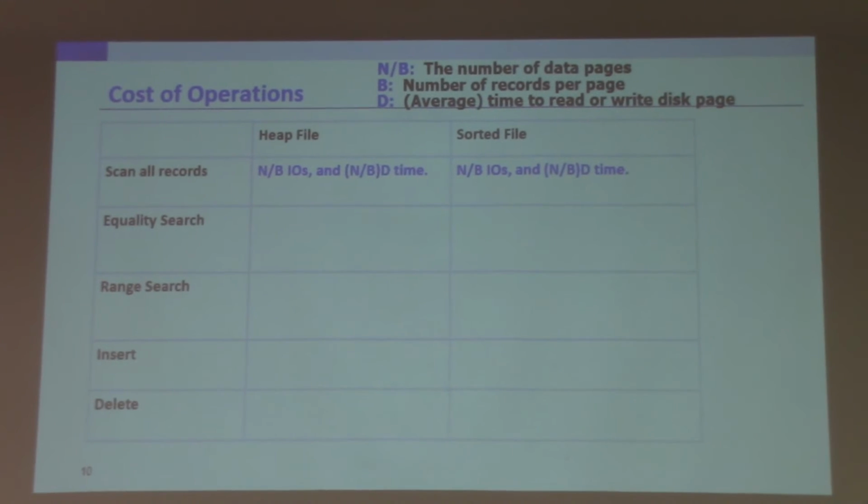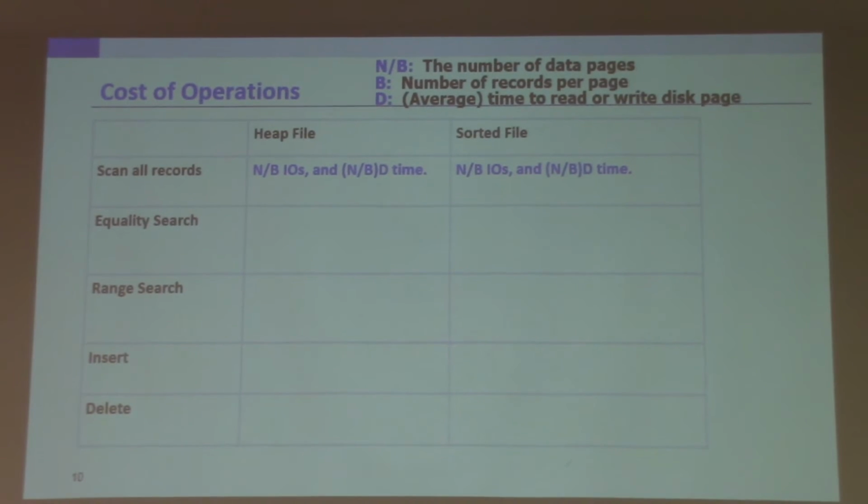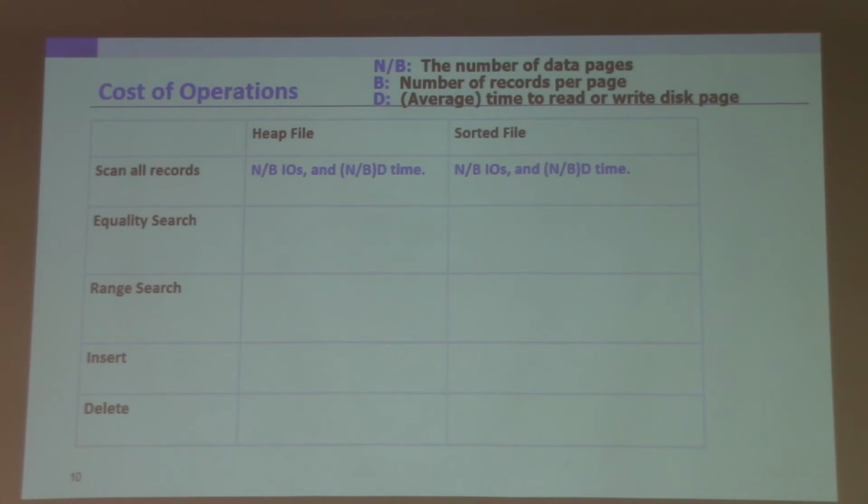So you have to be careful about what that value D represents. It represents sequential I/Os. For the subsequent analysis, I will drop that term D. I will focus on the I/O analysis. But whenever it applies, I will tell you whether it's sequential I/O or random I/O, because the two have a huge difference.